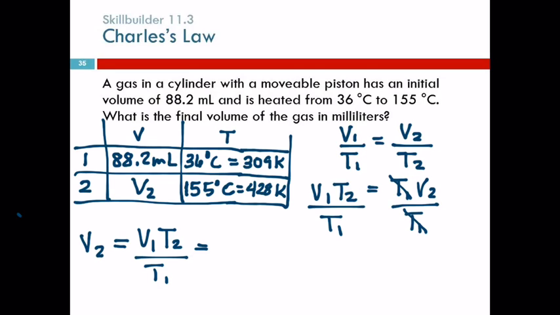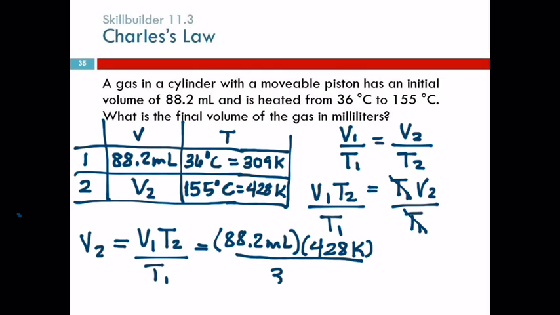Now I'm going to take numbers from my table and put them in here. V1 is 88.2 milliliters and temperature 2 is 428 Kelvin, divided by temperature 1, which is 309 Kelvin. I look at the units, and the kelvins cancel out, so that's good. 88.2 times 428 divided by 309.